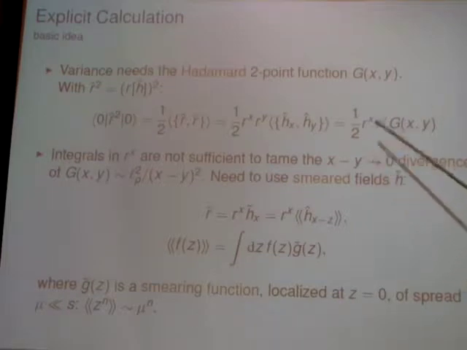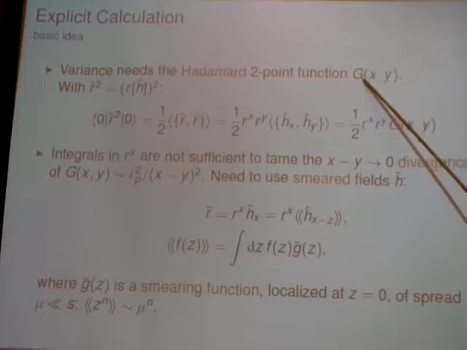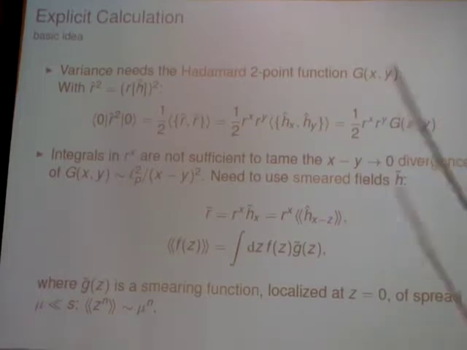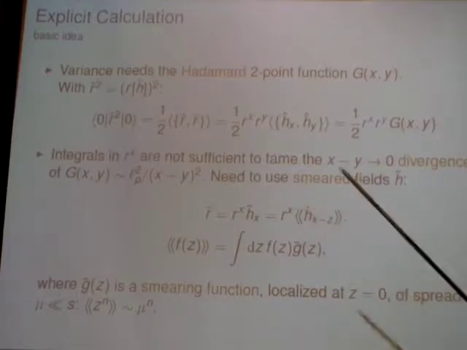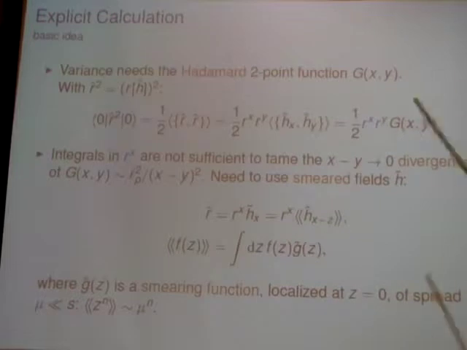So obviously, the divergences in this Hadamard two-point function will have to be somehow integrated over or dealt with in this expression. And it turns out that these one-dimensional integrals are not enough to tame the divergences in the Hadamard two-point function. So if you just naively try to calculate the result, you get infinity.